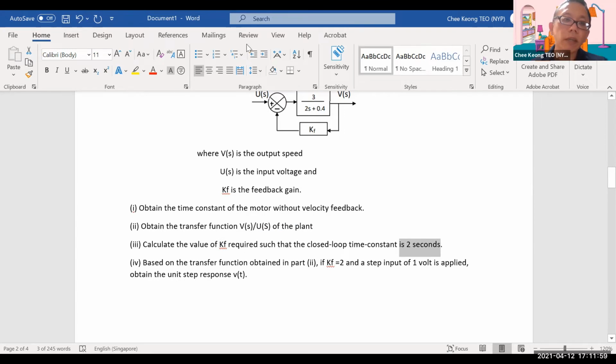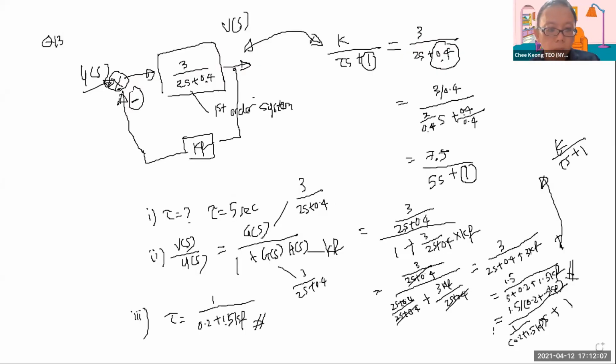The time constant is 2 seconds, meaning I have to equate this term here to 2.